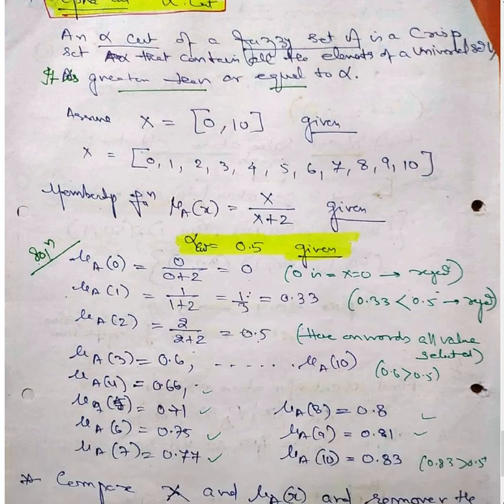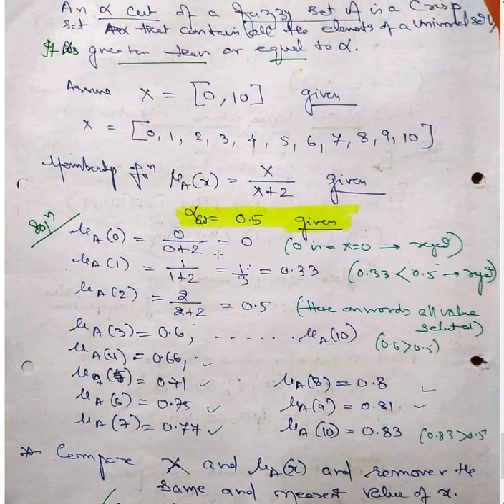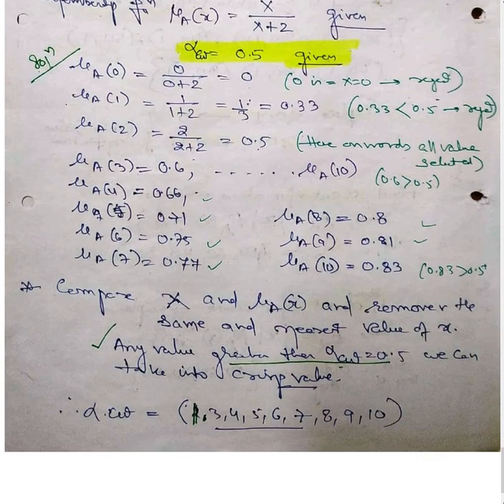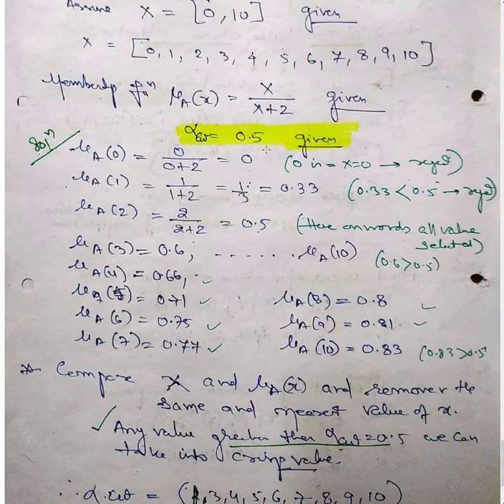If you take 0.5, and we are taking a normal alpha cut, we will take into consideration 2, 3, 4, 5, 6, 7, 8, 9, 10. So all these values. But if it is a strong alpha cut, then we have to eliminate these two, that is, we take any value greater than 0.5.